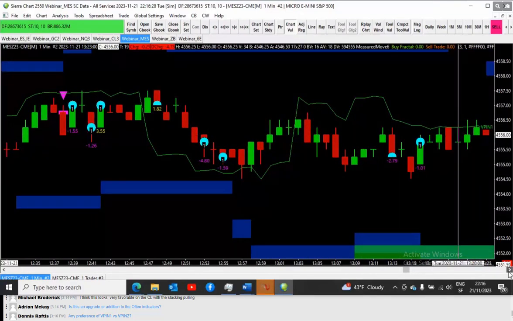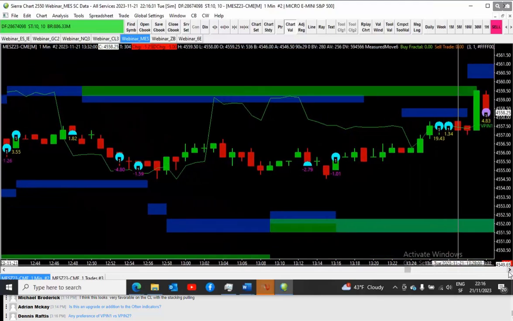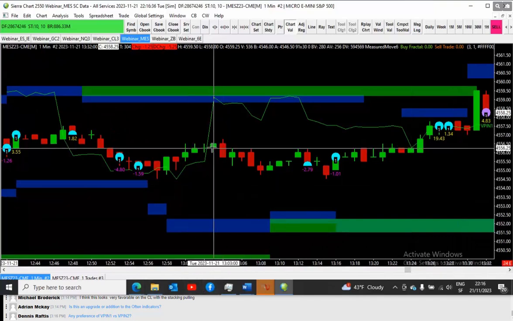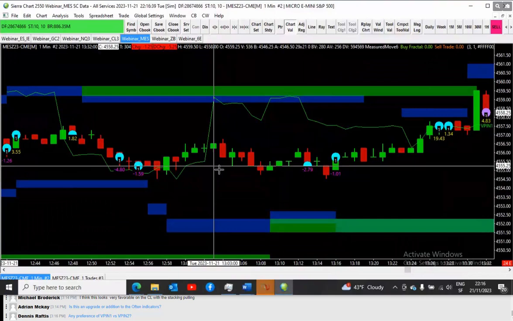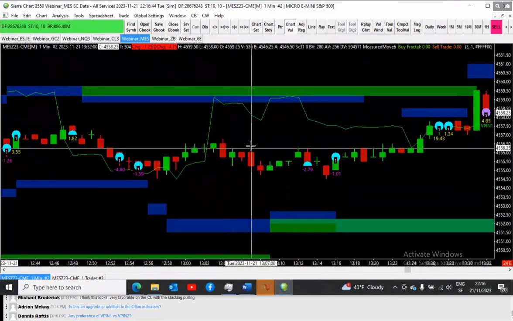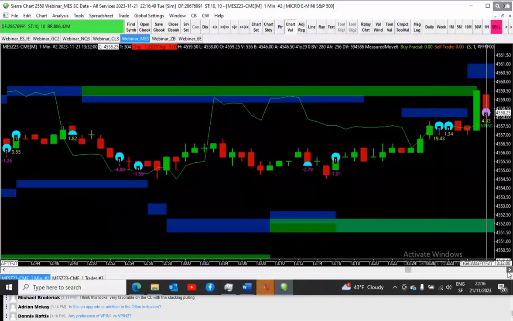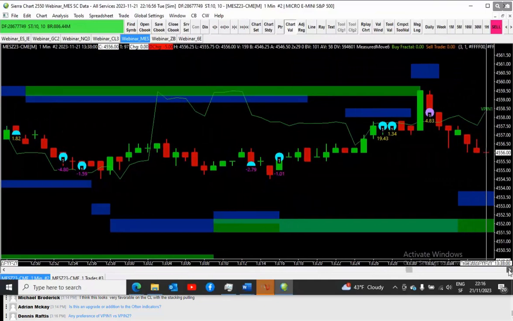We go into another balance area, and then subsequently it starts to move up. So it's useful. It's not something you would trade on its own, but in terms of giving early warnings, it's very helpful, so that you get a heads up well in advance of what price is potentially going to do.